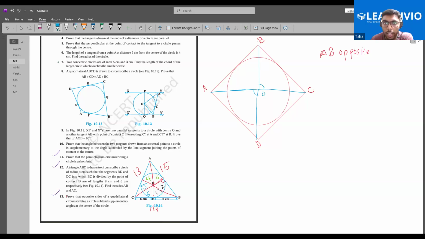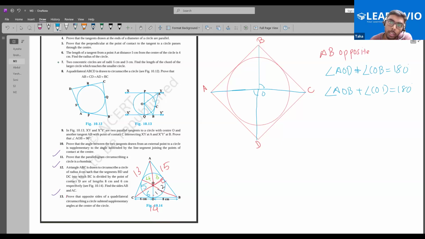Okay. Angle AOD plus angle COB is equal to 180 degrees. We need to prove this, and then we also need to prove angle AOB plus angle COD is equal to 180 degrees. Okay, this is what we need to prove.